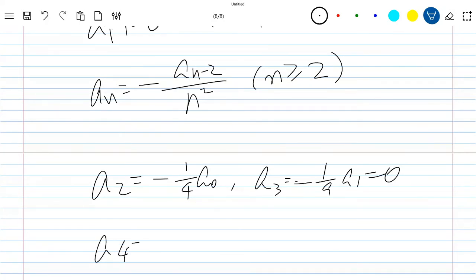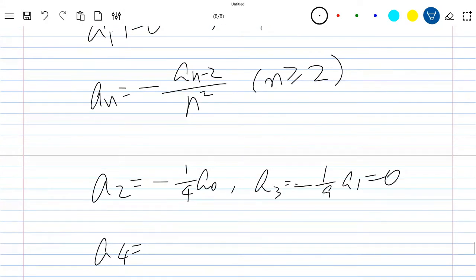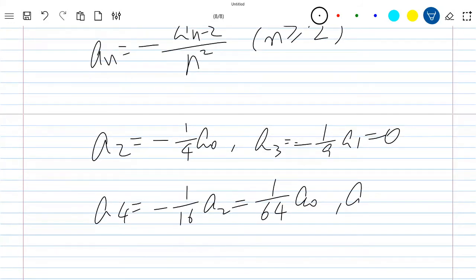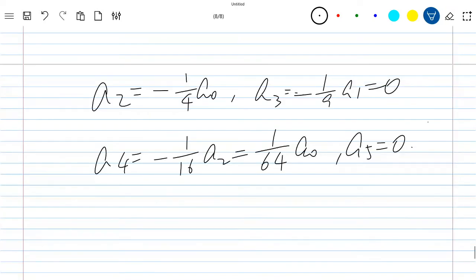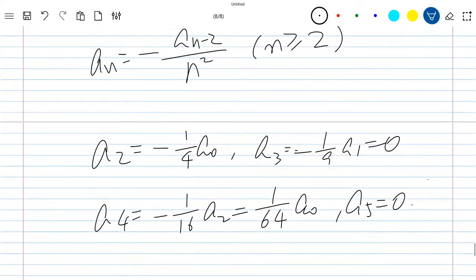And a4 equals negative 1/16 times a2, and that equals 1/64 a0. And then you can see a5 is also 0, etc. So you will see you only have even power terms.